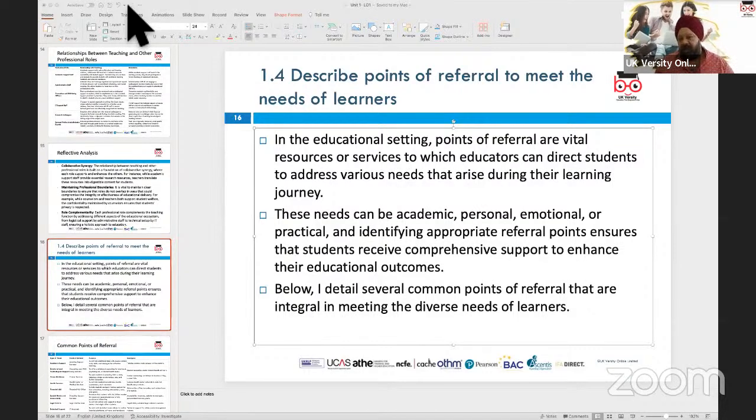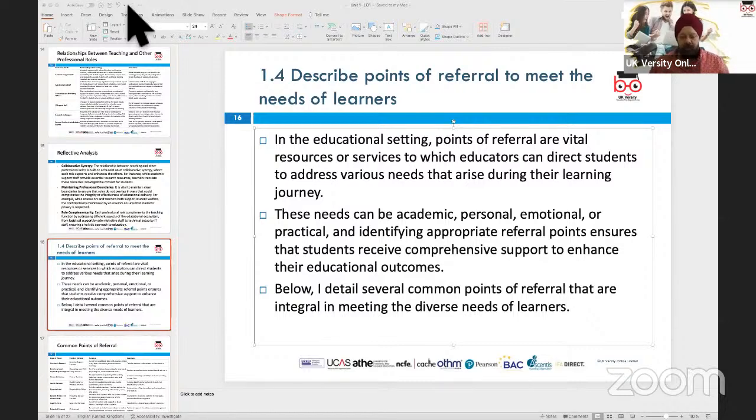So points of reference tend to be, from an educational setup point of view, awarding bodies. They could be regulatory bodies that are asking you to meet certain criteria in terms of quality standards or compliances.